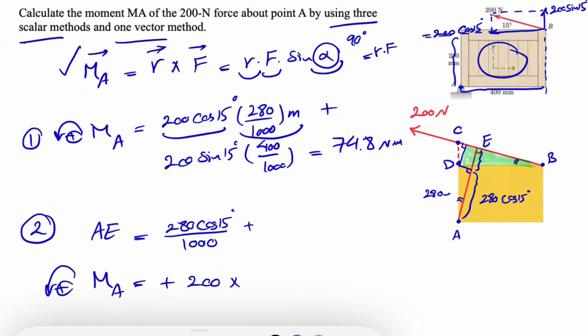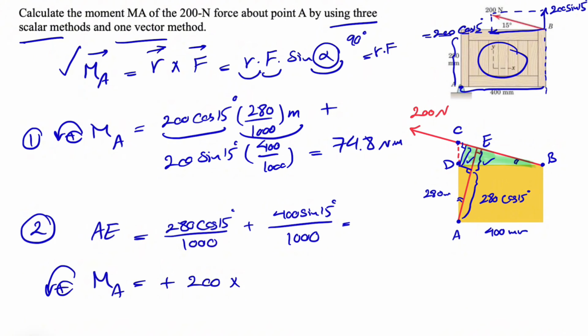The perpendicular side, this one or this one, they are the same, and we know this side of the yellow triangle is 400 millimeter. We basically have 400 times sine of 15 degrees, divided by 1,000. That way we have the whole distance AE.